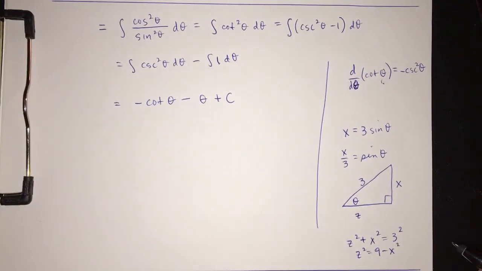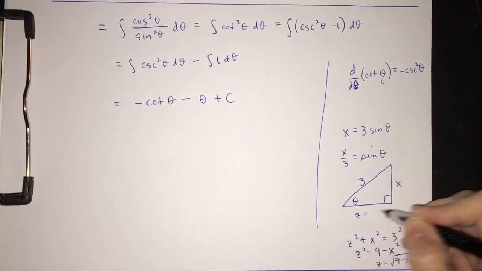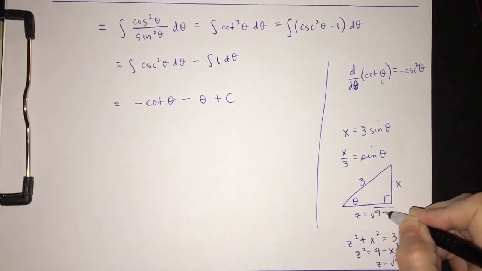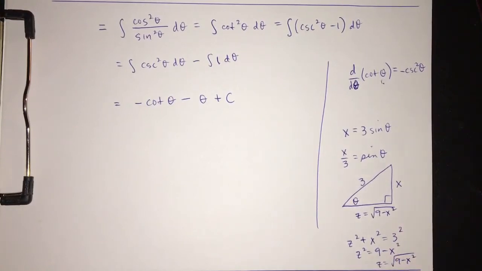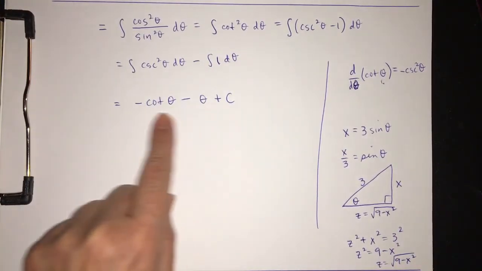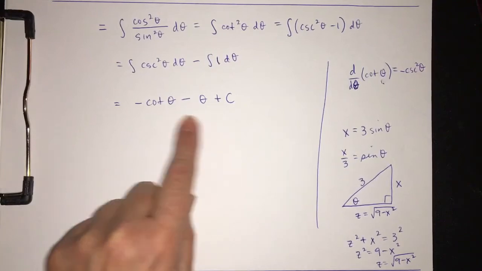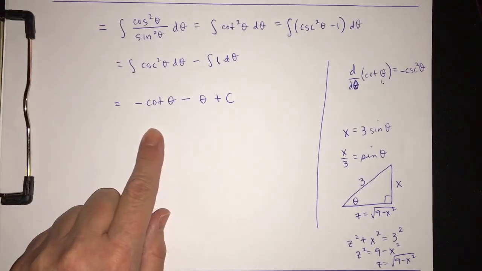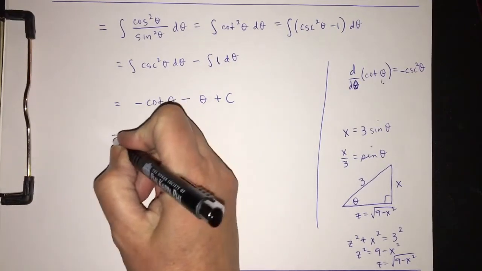So z is the square root of 9 minus x squared. So that third side is the square root of 9 minus x squared. Now here's the answer I've gotten. Now this still has theta in it. We have to change it back to x.